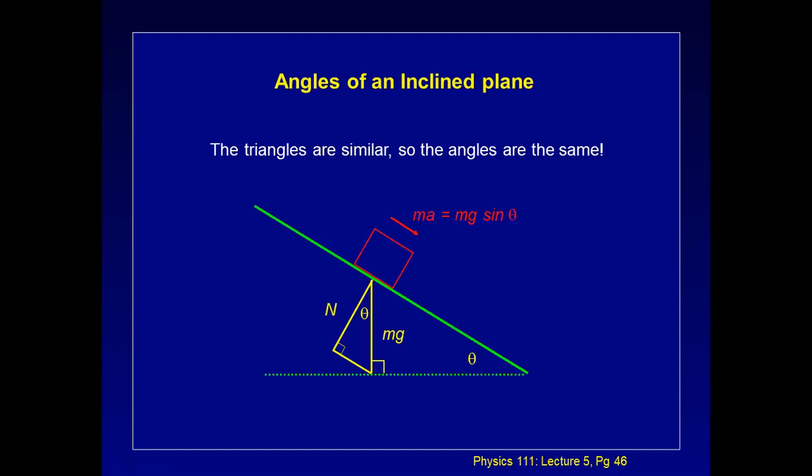The triangles are similar, so as you can see here, the given triangle of the inclined plane is equal to the angle in this conformation. Remember, in this conformation, the angle is equal to the angle of the inclined plane with respect to the horizontal. Remember, this is an application of similar triangles.